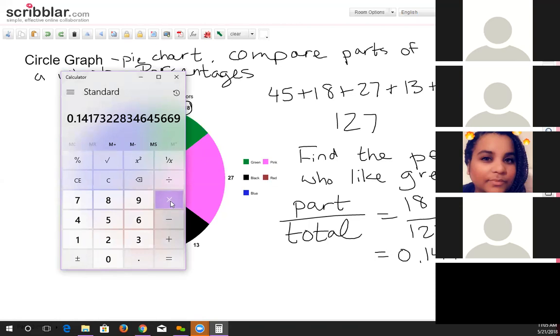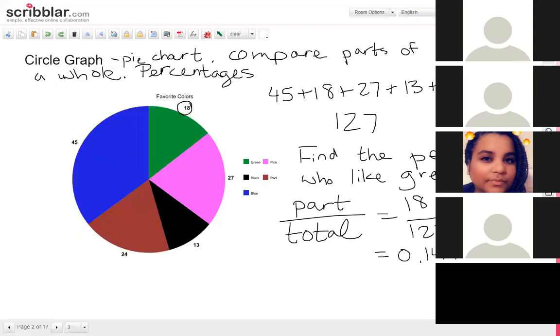Multiply, okay. Multiply by what specifically? Multiply is right. But what are we going to multiply by? What are all percents out of? What's the biggest percent you can have? 100. If we times this by 100, that will change it to the percentage format.